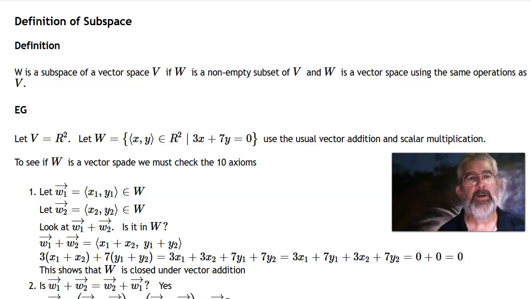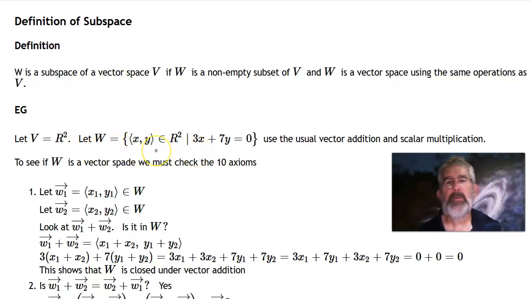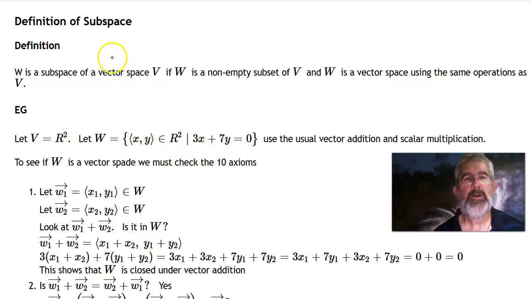So an example here is just let my vector space be R2, and W, my subset, will be, I don't know if I've used set notation before, but the squiggly bracket means there's a set. This describes what the things look like. So things in this set look like a pair of numbers, so they're elements of R2.